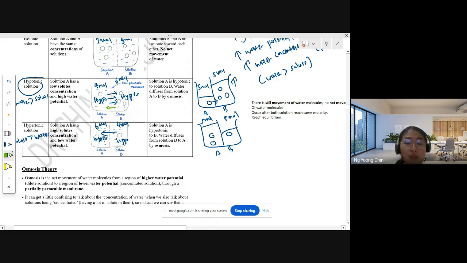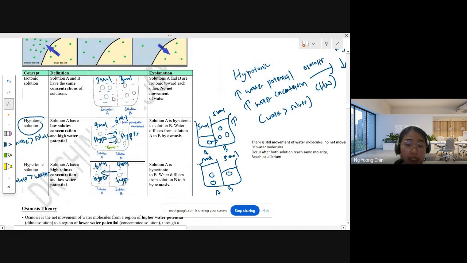So this is what we call the net movement. It means the net movement of water molecules from A to B outweighs the water molecules moving from B to A. Whenever both solutions achieve equilibrium with the same molarity, there is no net movement of water.